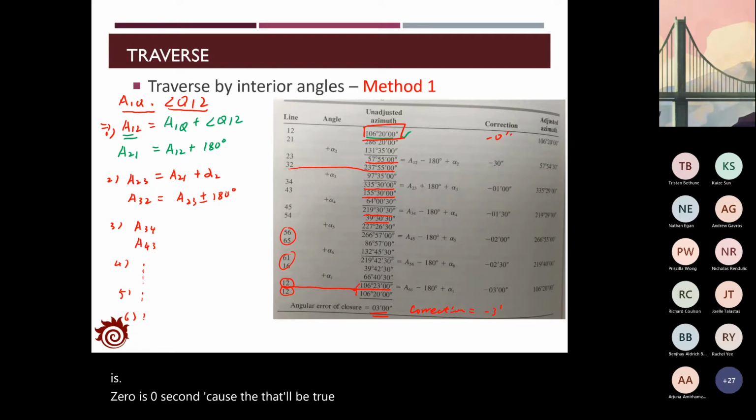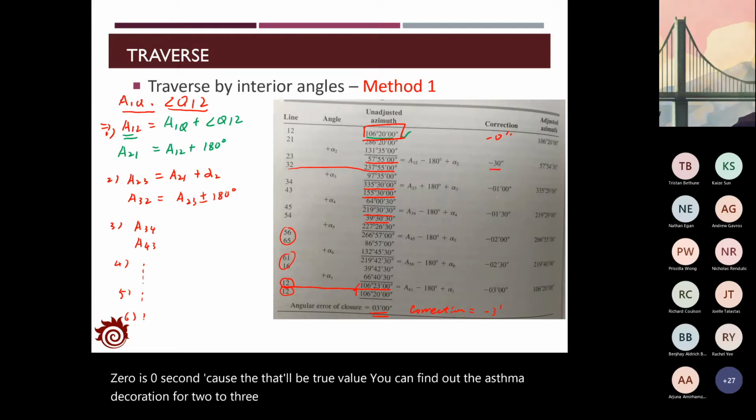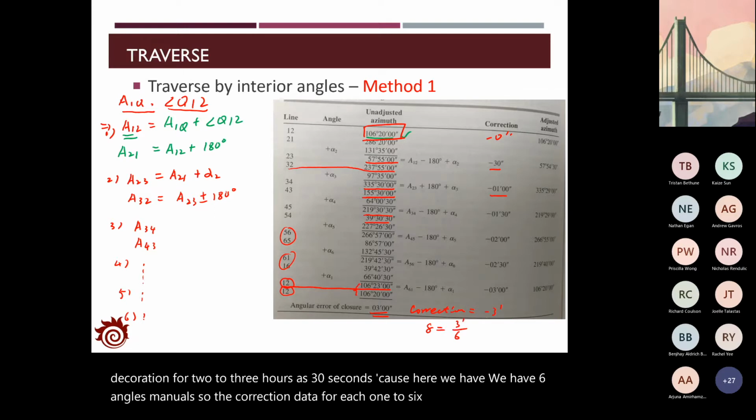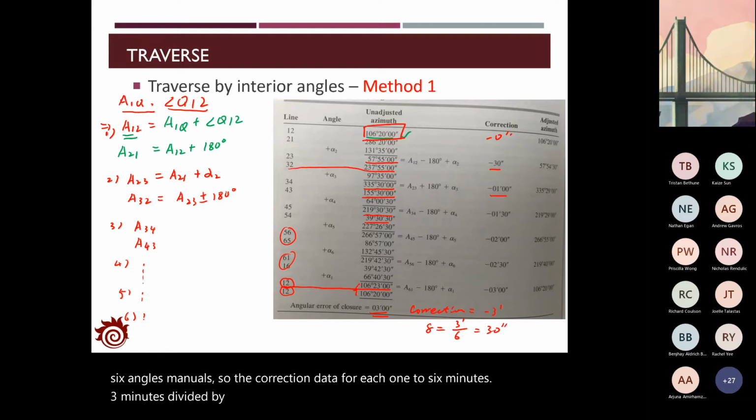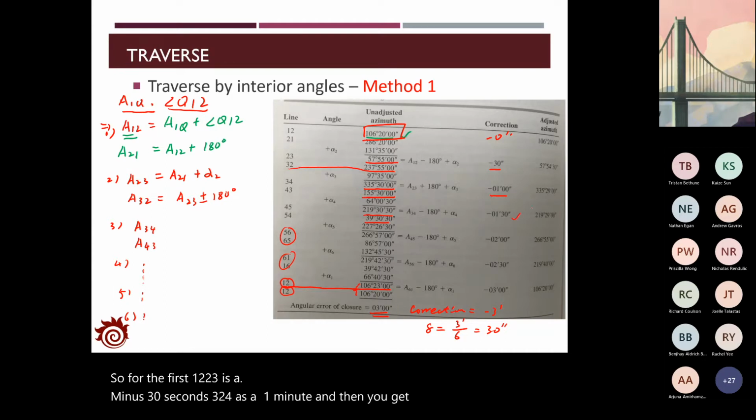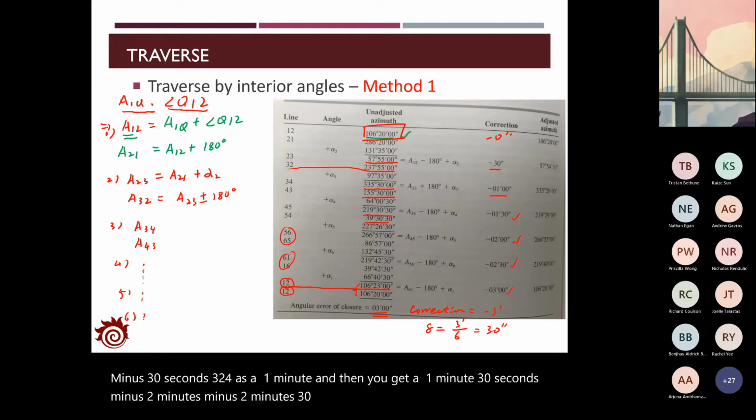You can find out the correction for 2 to 3 as 30 seconds, because here we have 6 angles measured, so the correction delta for each one is 3 minutes divided by 6, that will be 30 seconds. So for the first one, 2 to 3, it's minus 30 seconds. 3 to 4 is minus 1 minute, and then minus 1 minute 30 seconds, minus 2 minutes, minus 2 minutes 30 seconds, and minus 3 minutes.